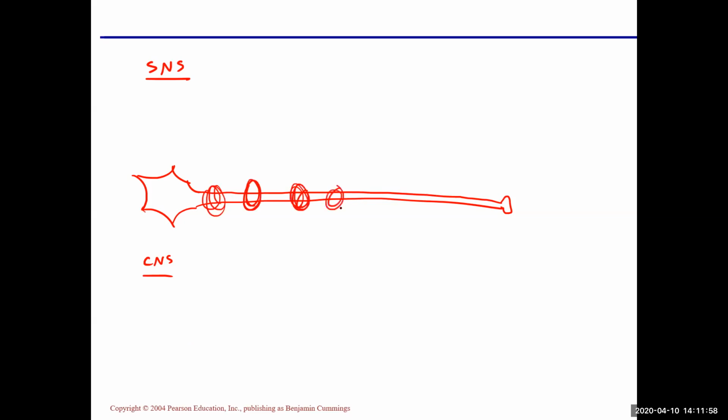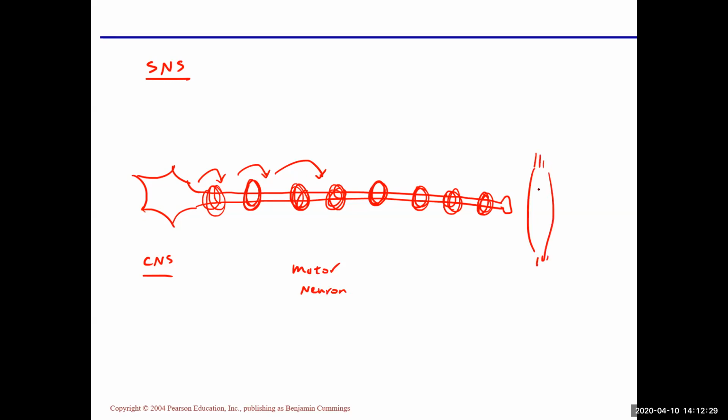These are the Schwann cells that wrap around, and recalling from the previous lecture, electrical impulses jump from one node to another. These nodes are called nodes of Ranvier, and this phenomenon is called saltatory conduction. So basically, this is a motor neuron, and your muscle can contract as a result of the neuromuscular junction.